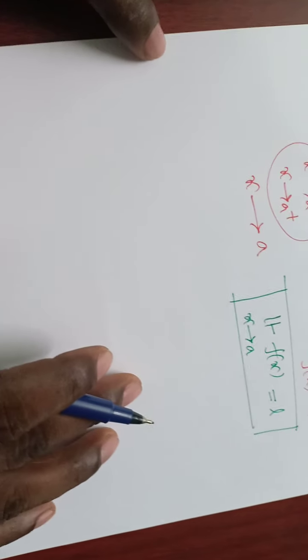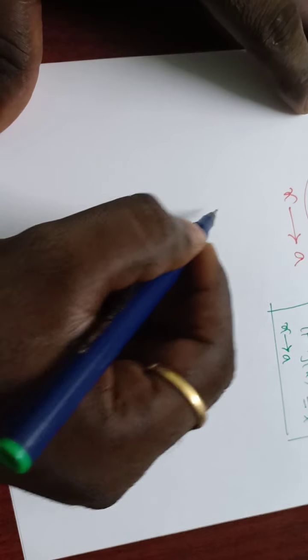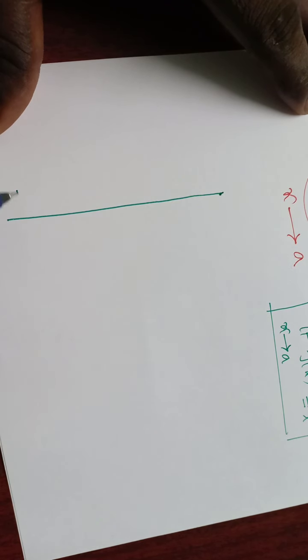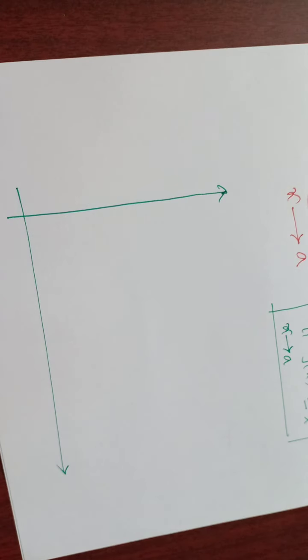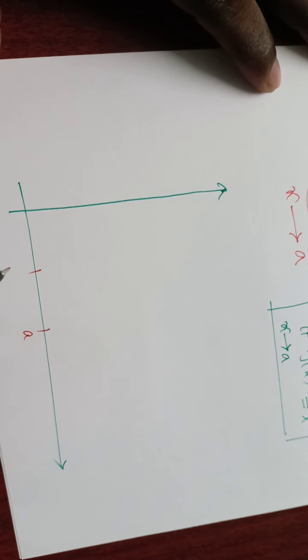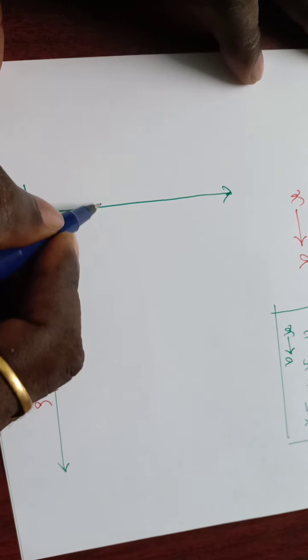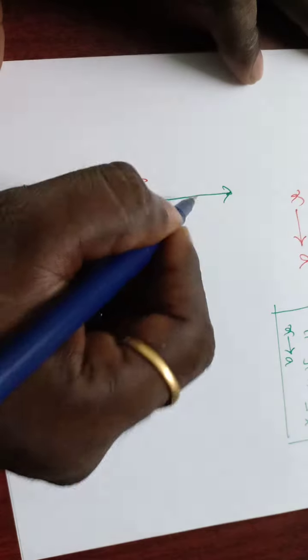Now coming to the graphical approach, let's consider the graph. Now it is L minus epsilon, L, and L plus epsilon.